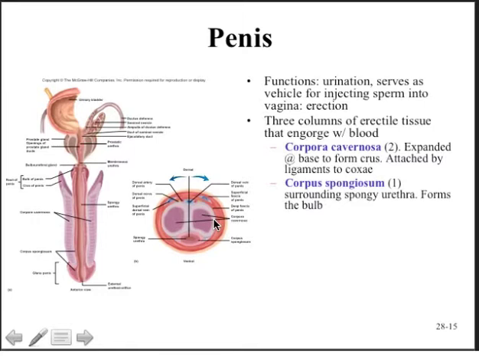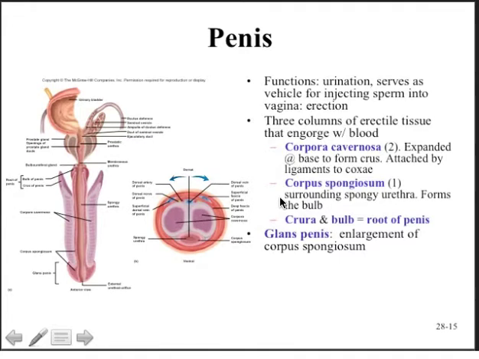One of the things to appreciate about the corpora cavernosa is that they're expanded at the base, forming a crus, and they're attached by ligaments to the coxal bone. The crura and the bulb form the root of the penis, and the glans is an enlargement of the corpus spongiosum. The prepuce covers the glans.